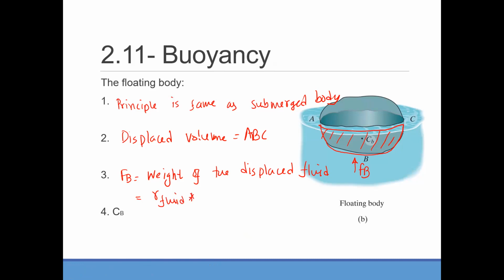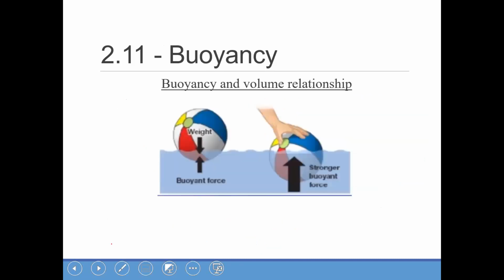Since it's displaced by an object, it will be the same volume as that object. So the volume should be used, and the center of buoyancy CB will be the centroid of the displaced volume.